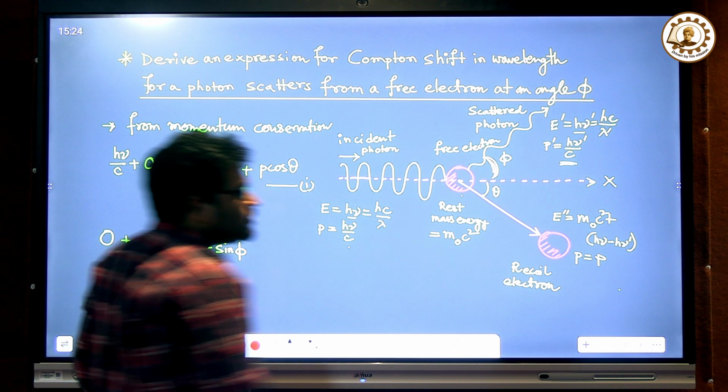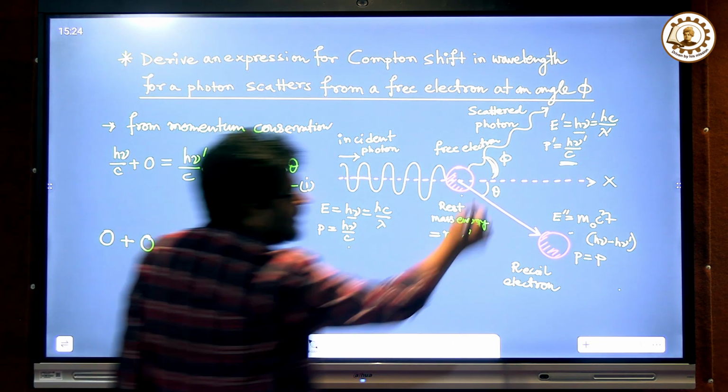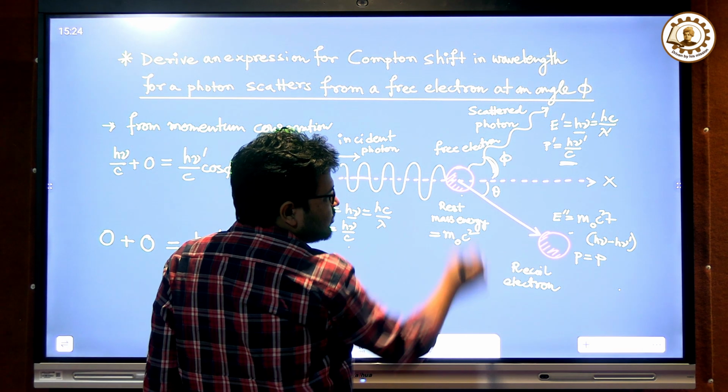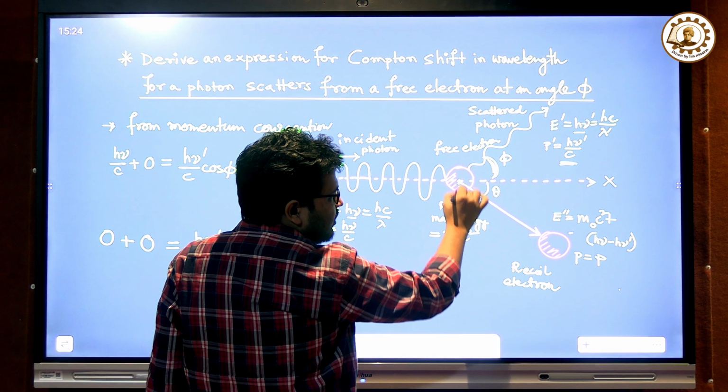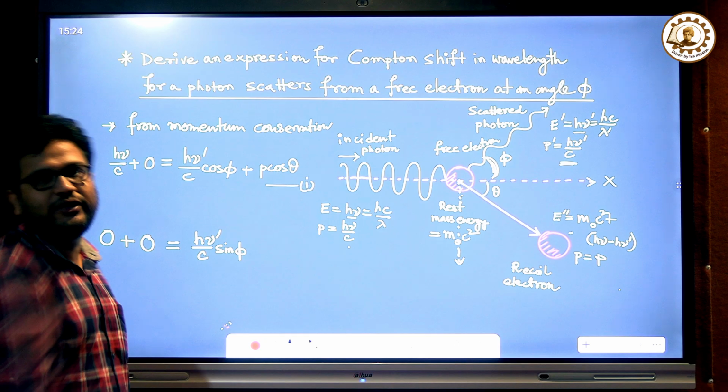Now what about the vertical component of this recoiled electron? Obviously it is along this direction, that means along the negative y direction.